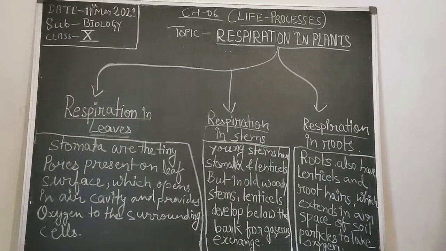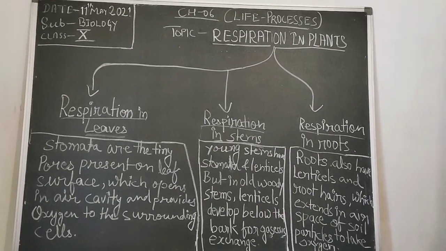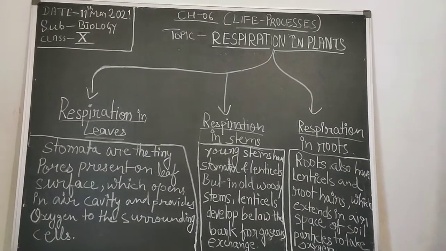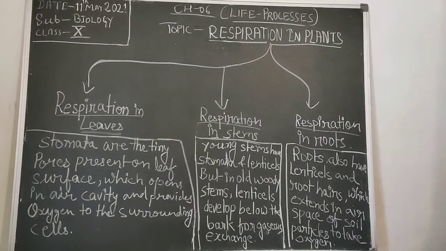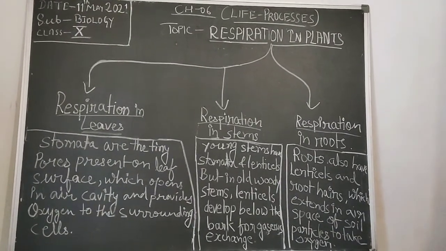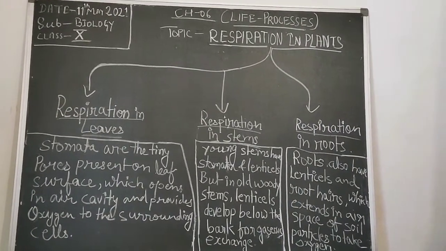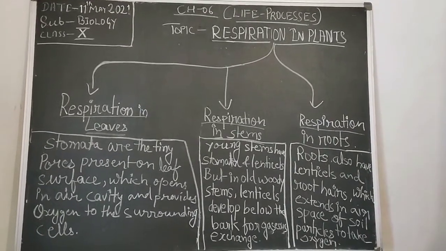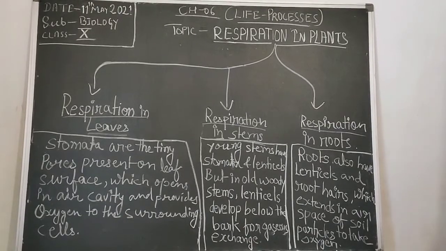During the daytime, the carbon dioxide released by the process of respiration is used up for photosynthesis. But during the night time, students, this carbon dioxide is released into the atmosphere. That's why it is advisable that we should not sleep under a tree during night time, because during night time plants use oxygen and give out carbon dioxide.